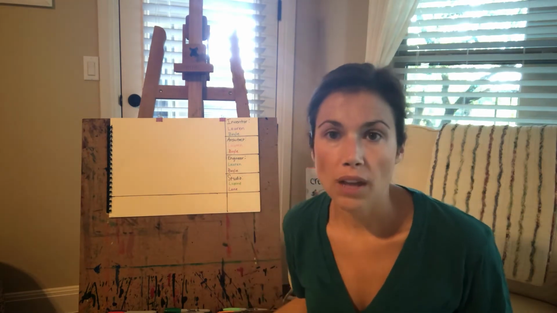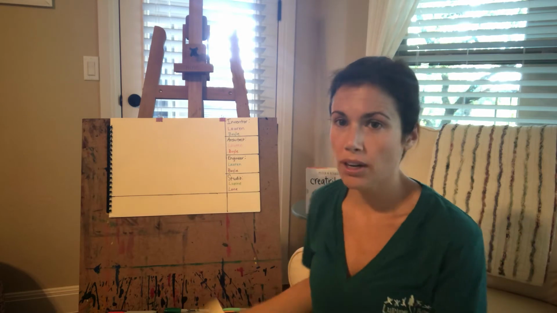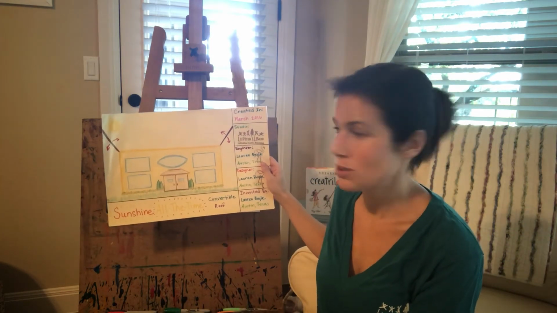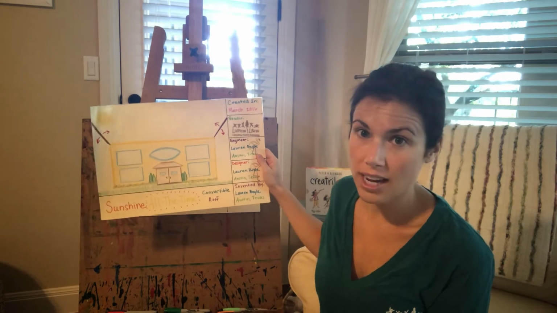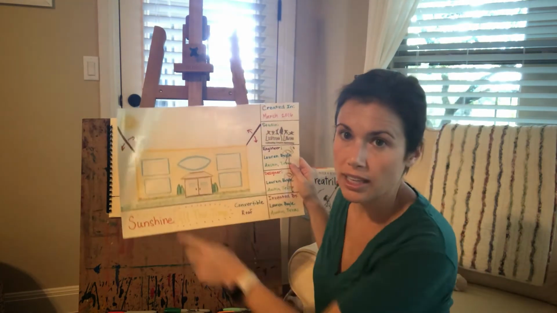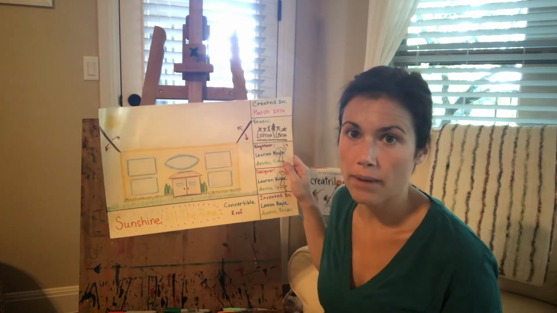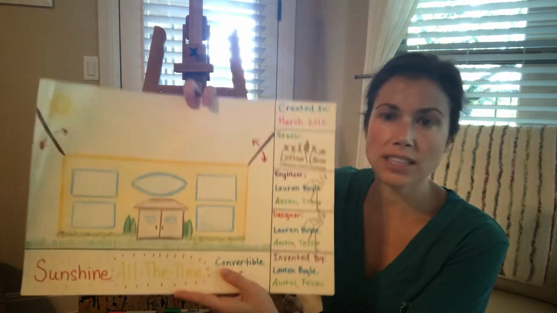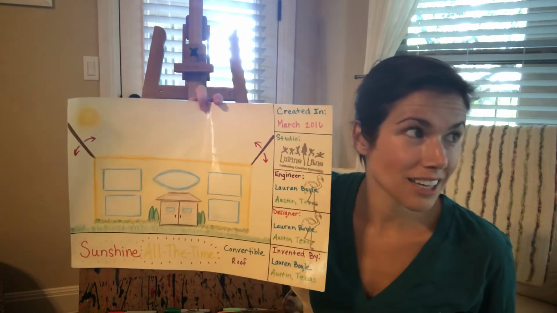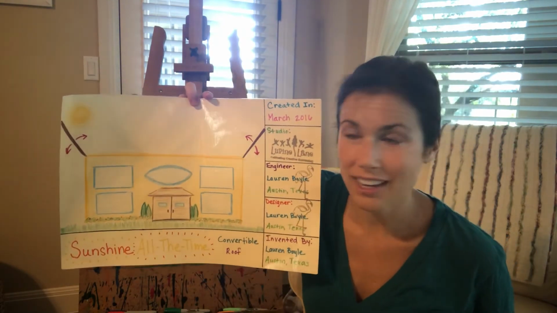Do you guys remember I showed you this invention idea that I had? This was called the Sunshine All the Time Convertible Roof. There's my title, and this is my rendering. It's a very careful drawing of what my invention is going to look like. You can see it shows the sunny day outside, just like it is outside today. Enjoy the weather today, guys.